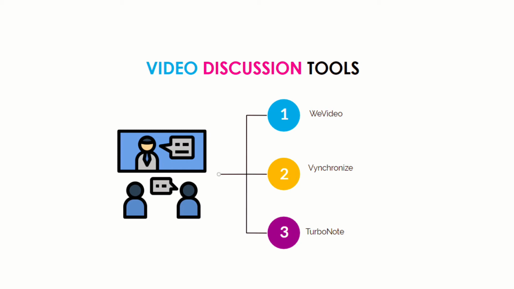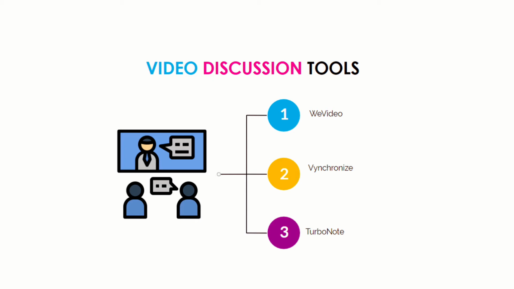Maybe it's not 100% necessary, but they have some interesting additional features to pause, rewind, and fast forward videos like you can on YouTube. Now, TurboNote is another one I wanted to share, which is a Chrome extension that allows you to take notes while watching a video. Students can click the TurboNote extension icon in their browsers and start writing notes right in the menu that appears on the right side of the screen.